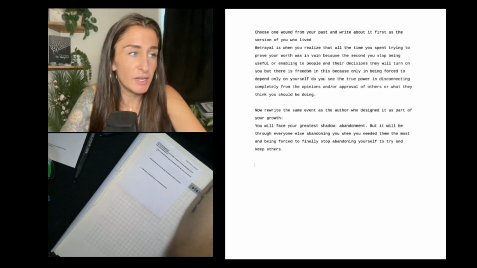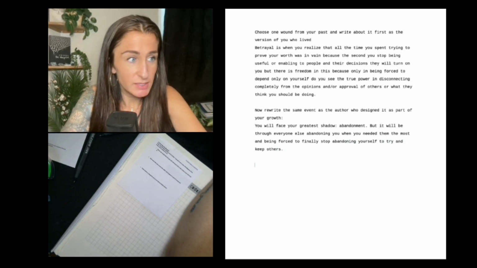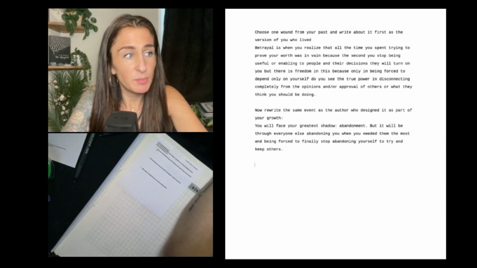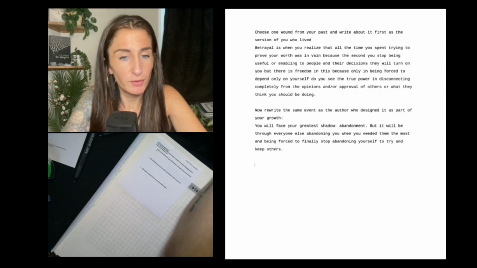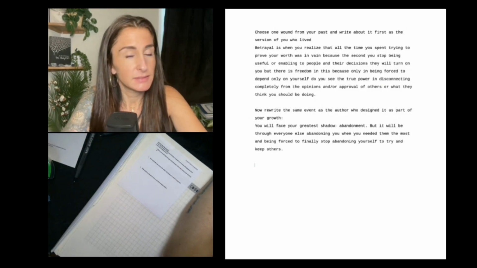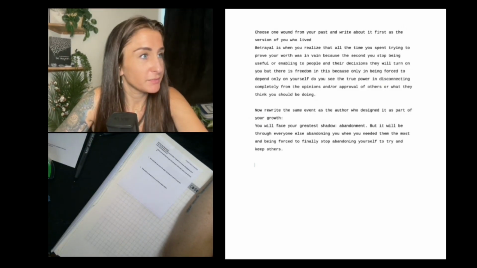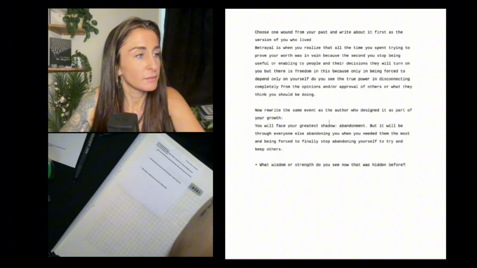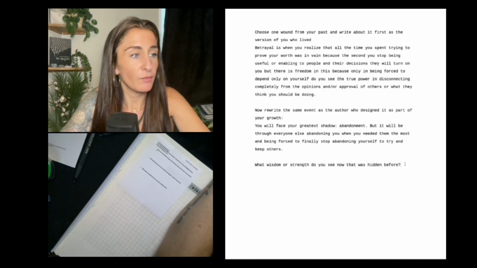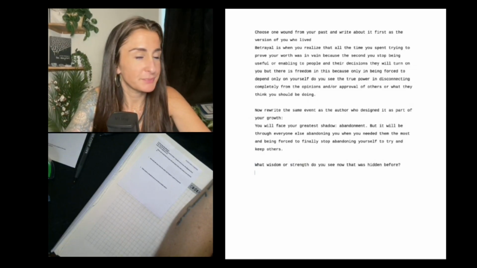I put, you will face your greatest shadow, abandonment, but it will be through everyone else abandoning you when you needed them the most and being forced to finally stop abandoning yourself to try and keep others. It's a spicy one. What wisdom or strength do you see now that was hidden before?